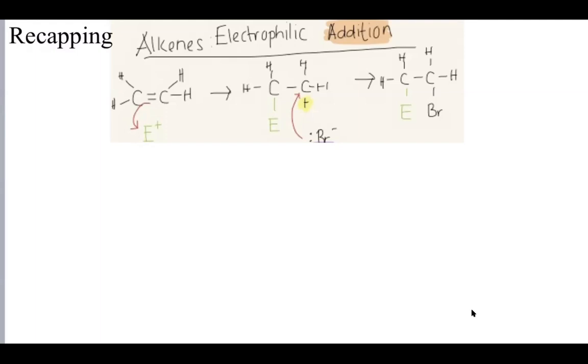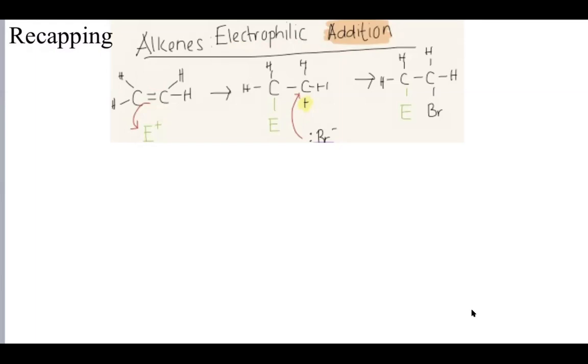Okay, so for alkenes, it is an electrophilic addition reaction. They still attract electrophiles because of the rich electron density above and below the double bond. Okay, that red thing is my pointer. So what happens is the double bond will attack the electrophile. Electrophile usually has a positive charge.